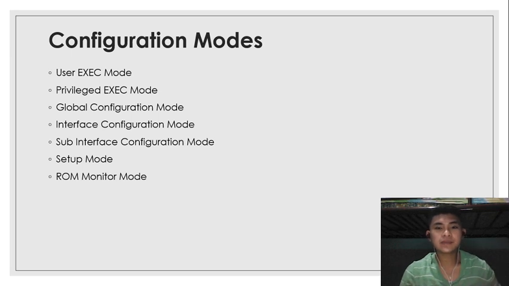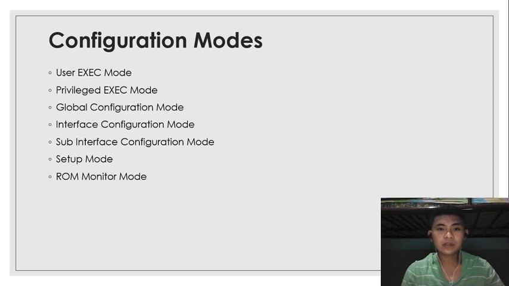The user exec mode is the default mode of the console, and it's where the login and password are also displayed. To go to the privilege exec mode from the user exec mode, the user must type enable. And to go back to user exec mode, the user must type the exit command.